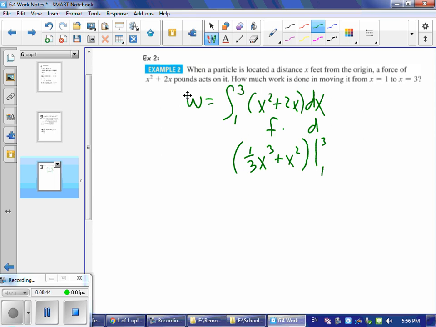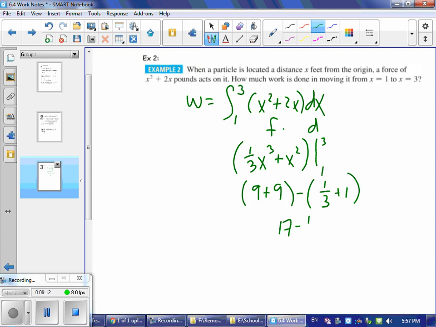Plugging in a 3, 3 cubed is 27, 27 over 3 is 9, plus 3 squared is 9. Plugging in 1, we get 1/3 plus 1. Okay, let's see, we got 9 plus 9 is 18, minus 1 is 17.